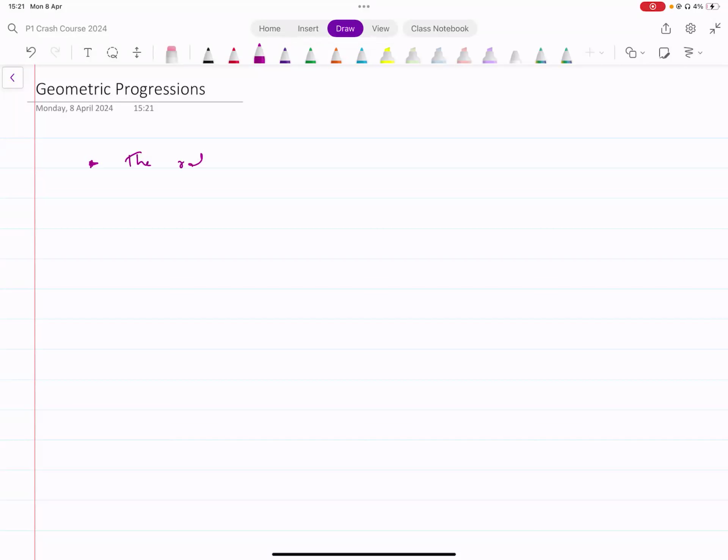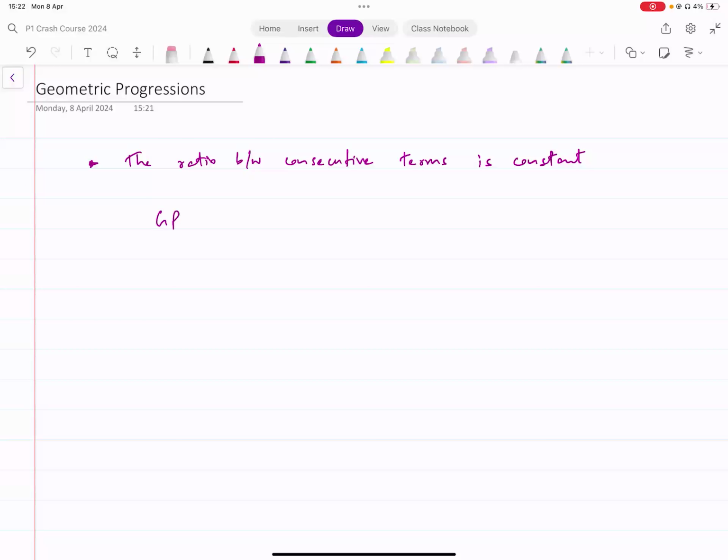The ratio between consecutive terms is constant in geometric progressions.